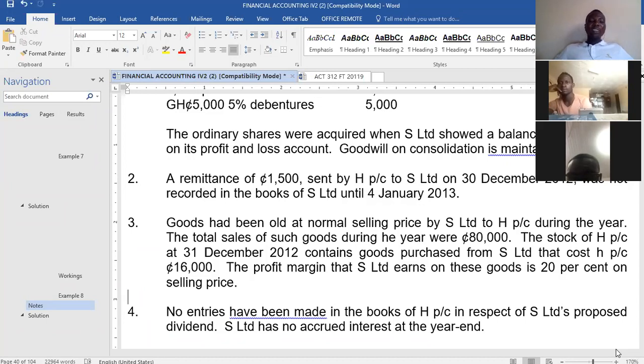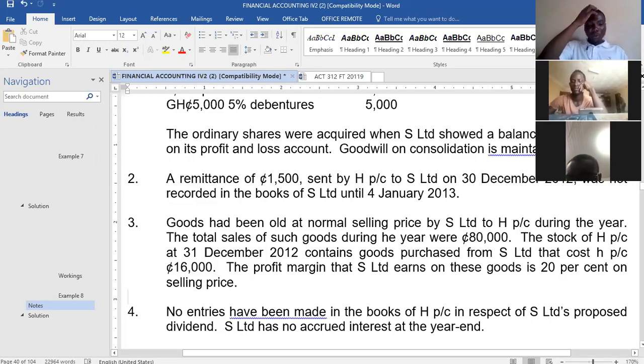The profit margin that S earns on these goods is 20% on selling price. So they have given you the profit percent, and they have given you the cost of the sales as well. Then you go to note 4.